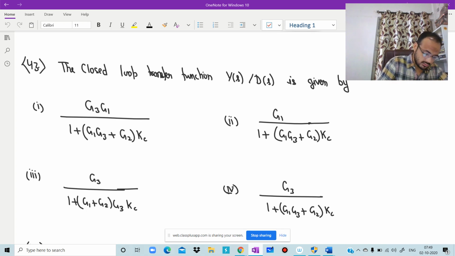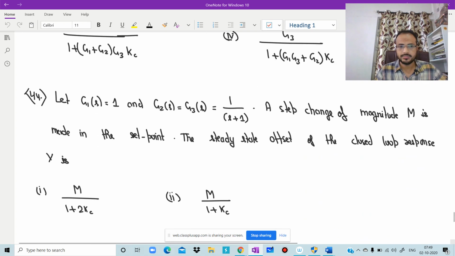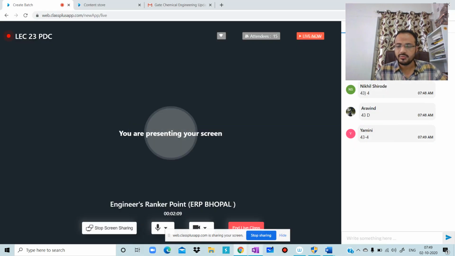Remaining students. 4 is the correct answer. And what is the answer of 44? 43 fourth.